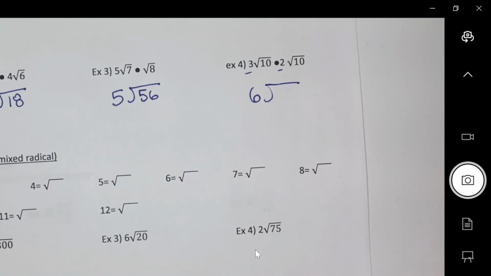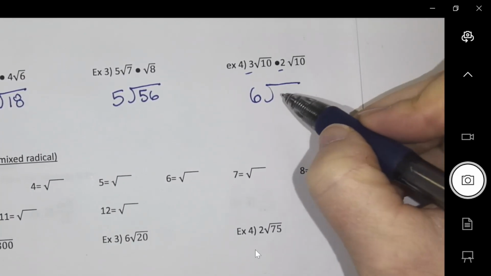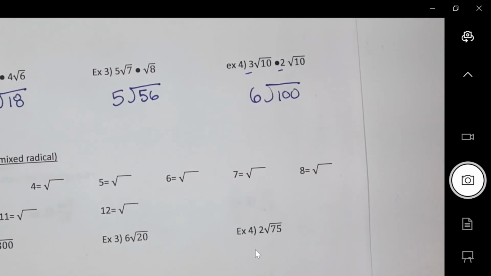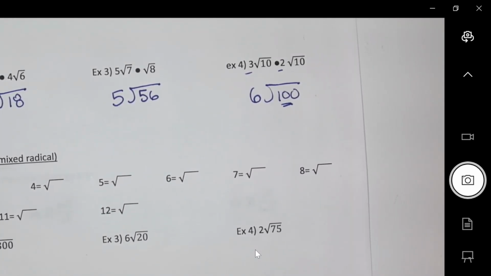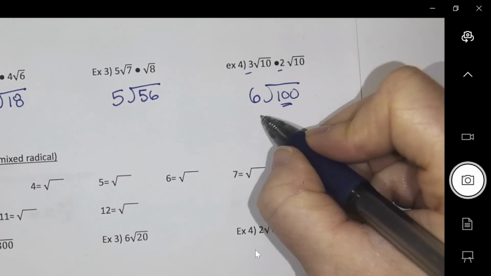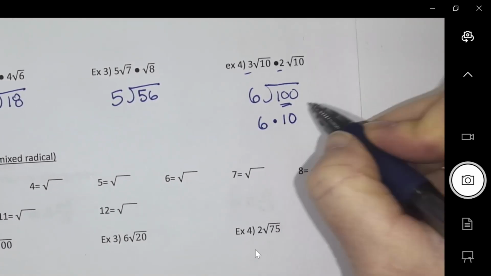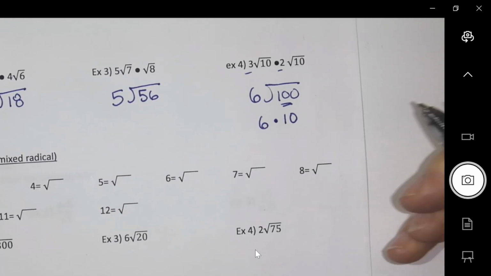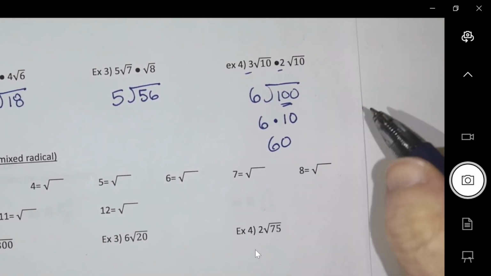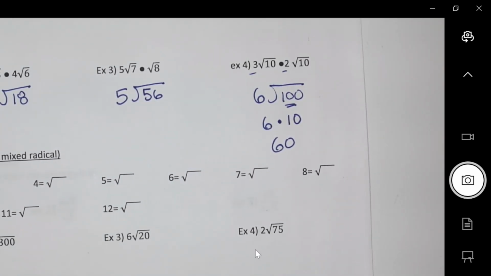The root 10 and the root 10 make root 100. But wait, you know the square root of 100 is 10, not radical 10, right? It's now just the whole number 10, which ends up being, I can put the two values together now, 60.